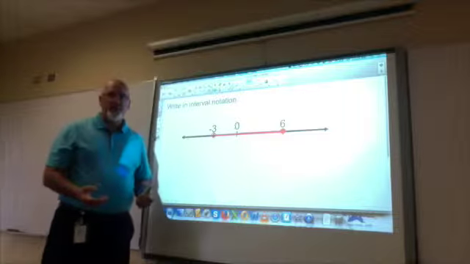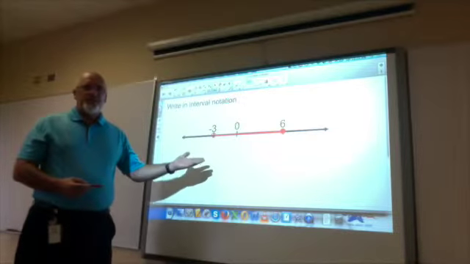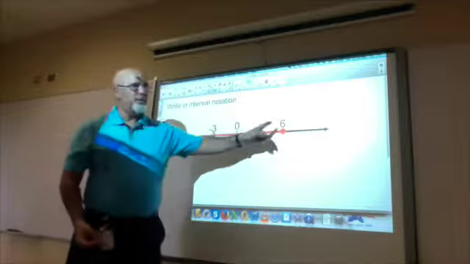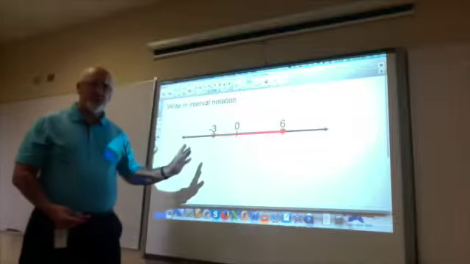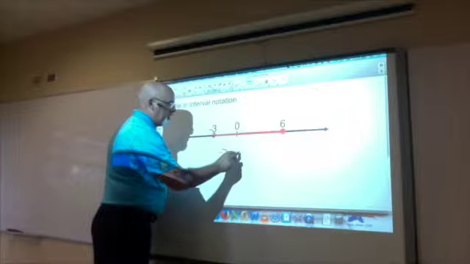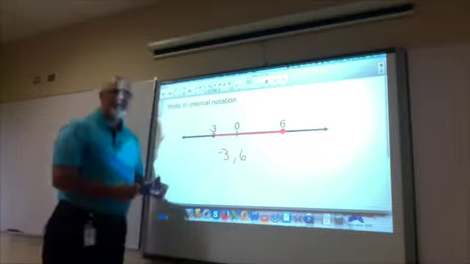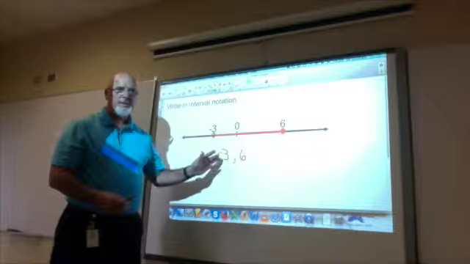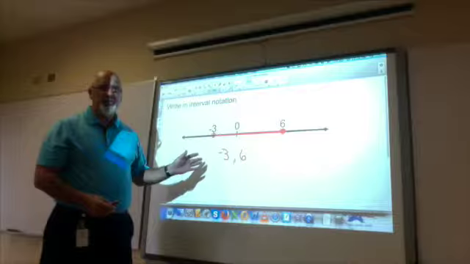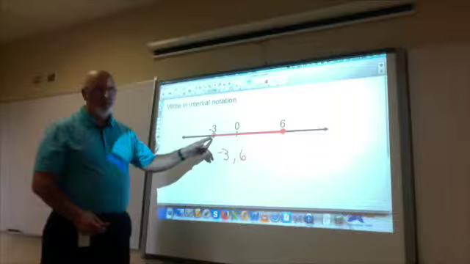Okay, now interval notation. Write this in interval notation. This is -3 and 6, and everything has to be in between there. So we write our -3 and our 6. That indicates that everything is between -3 and 6. The question is does it include the -3? Well, you can see here it's got an open dot.